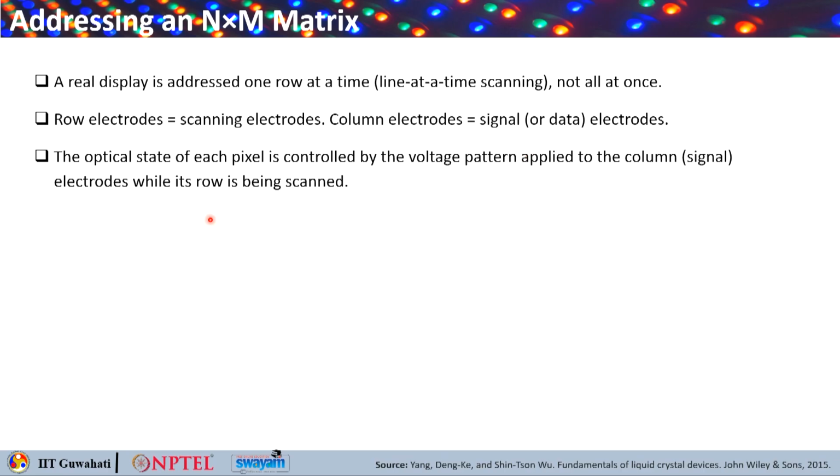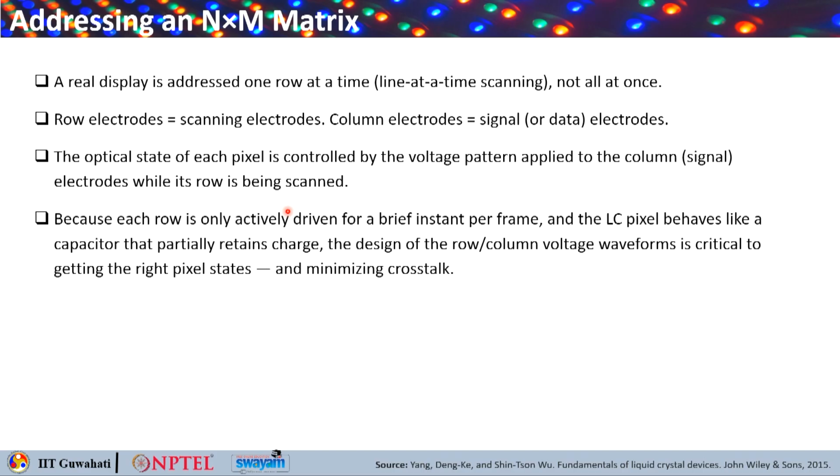The optical state of every pixel is controlled by the voltage pattern that you apply to the signal electrode, which is the column electrode, while that particular row of pixels is being scanned.